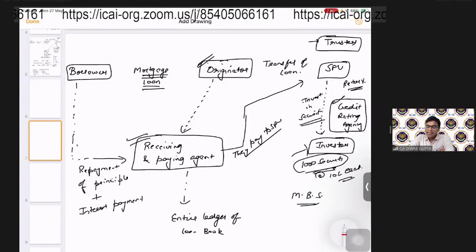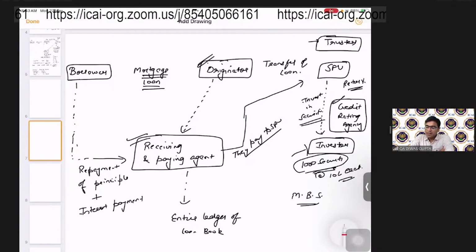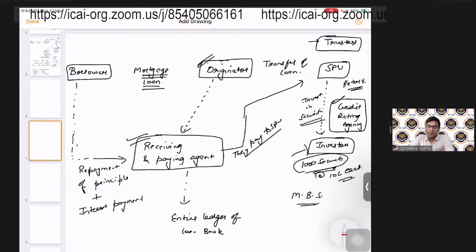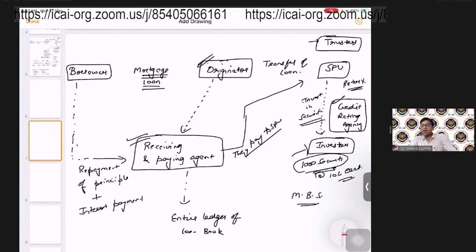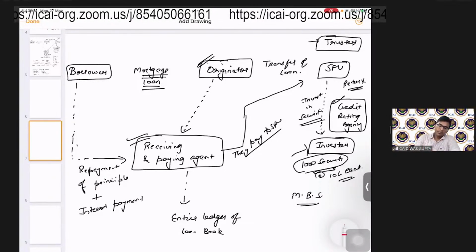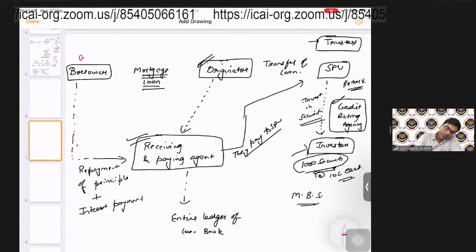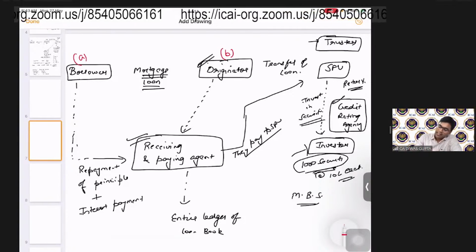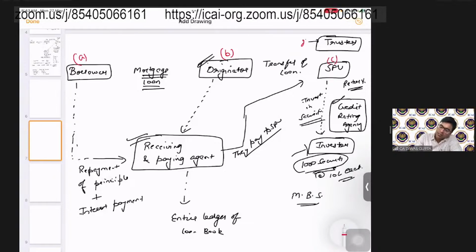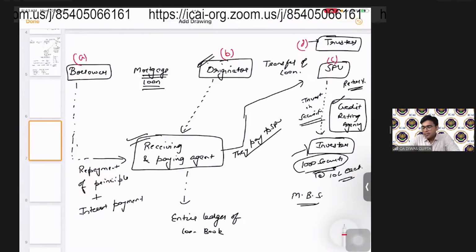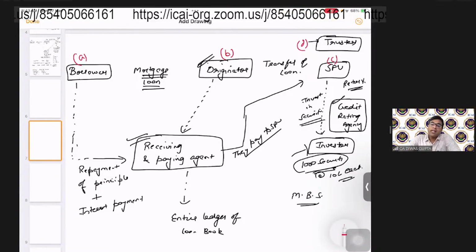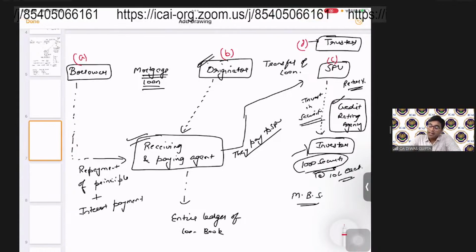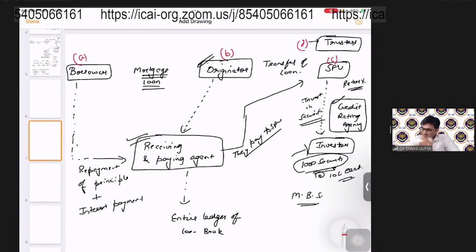Now, the next thing is on this chart, we will introduce some other parties. Okay. So if we see borrowers, we already know these are our first and foremost parties. Originator are the banks. SPVs also we understood. Trustees are there because this SPV is actually held in a trust form, and hence we will have trustees.